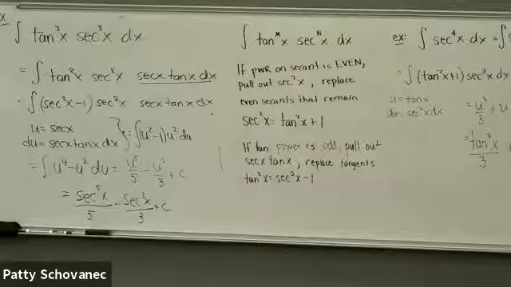Let's look at one where the tangent power is odd and the secant power is odd. Already did that. How about when the tangent power is even and the secant power is odd? That's one of these lists, because that doesn't fit either one of these.